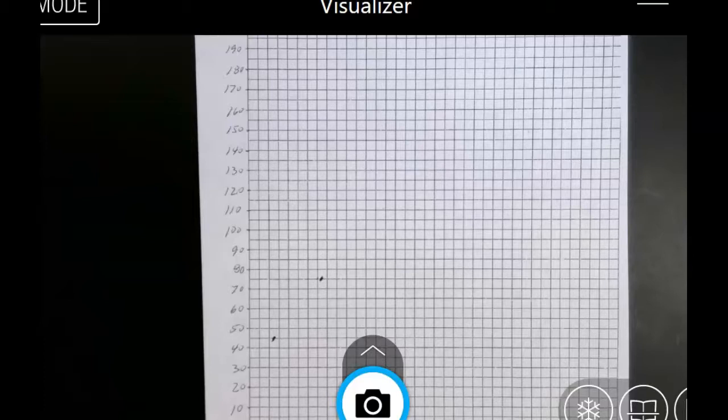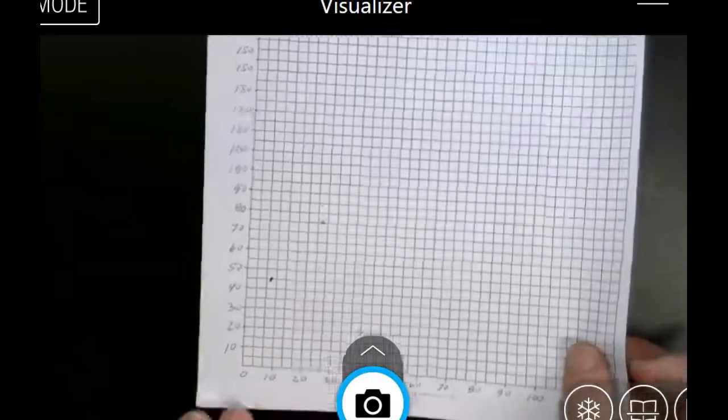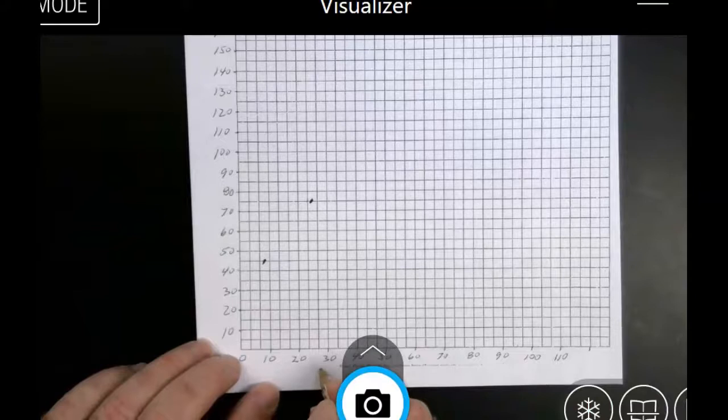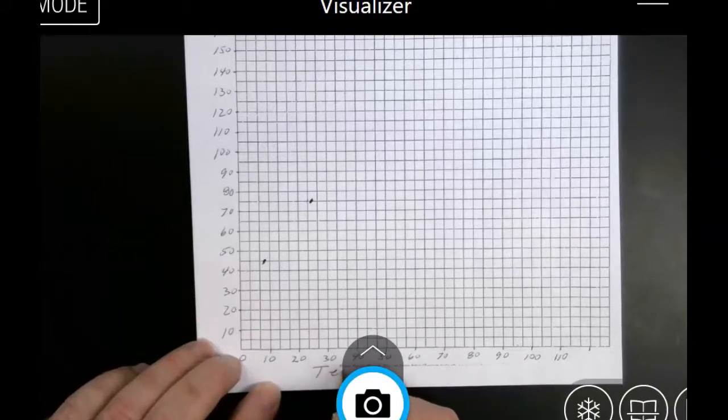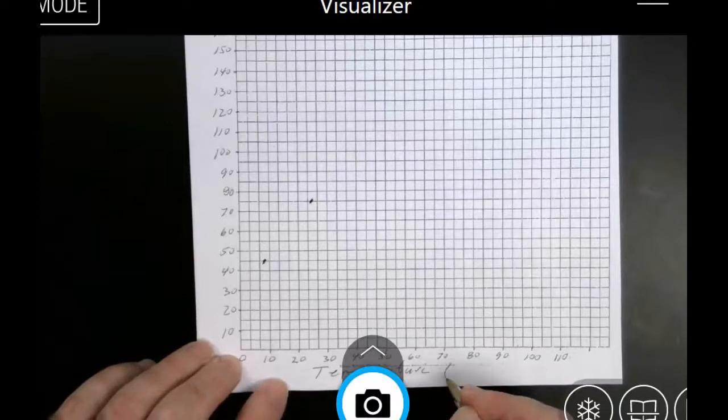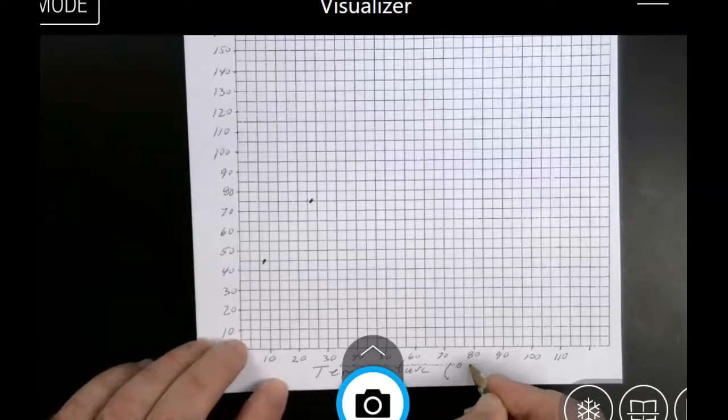Now, I always want to make sure that my axes are labeled. And we label the axes with what it is. So I have temperature on the x-axis, and I always want to show the units in parentheses.